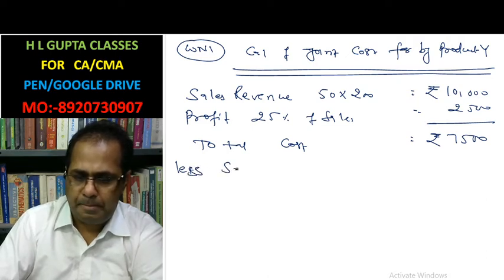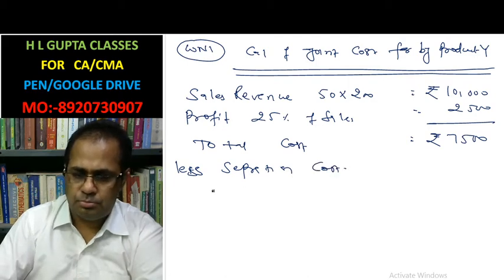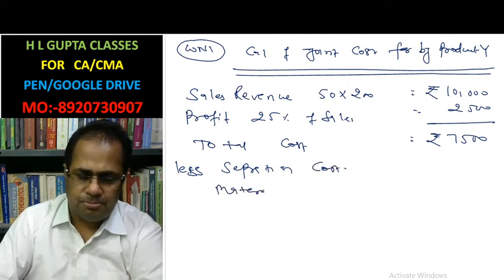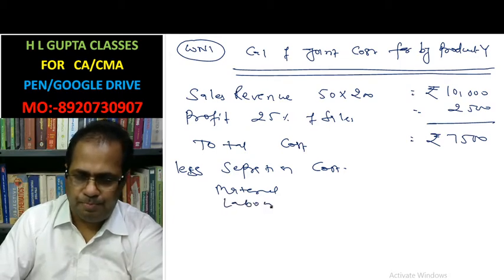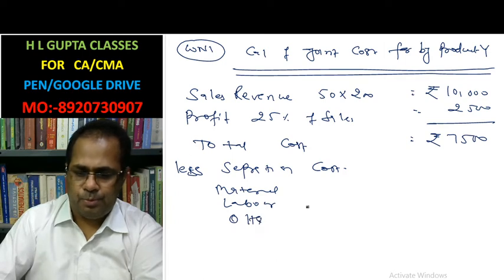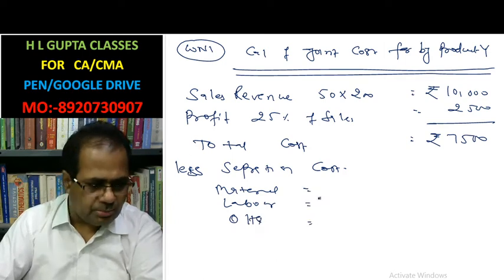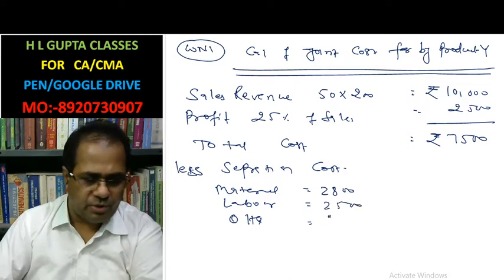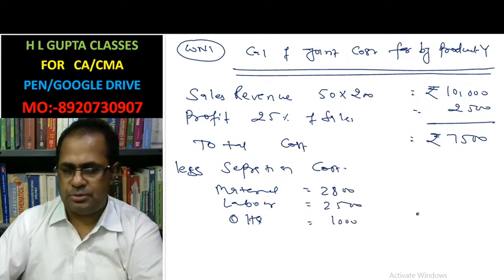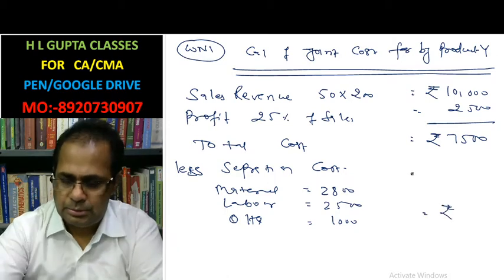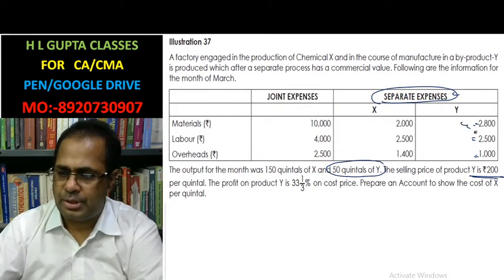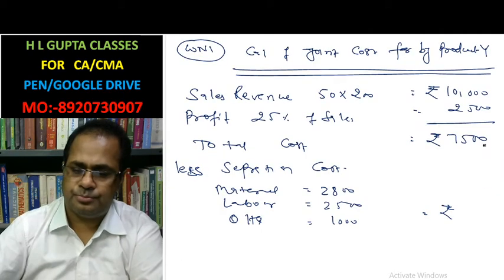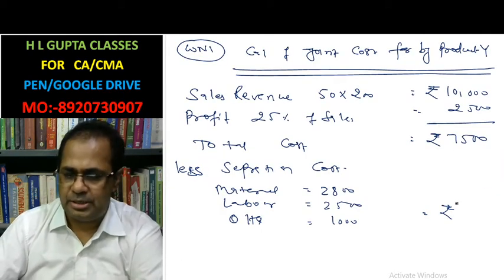Less separation cost: material 2,800, labor 2,500, overheads 1,000. This is 6,300.